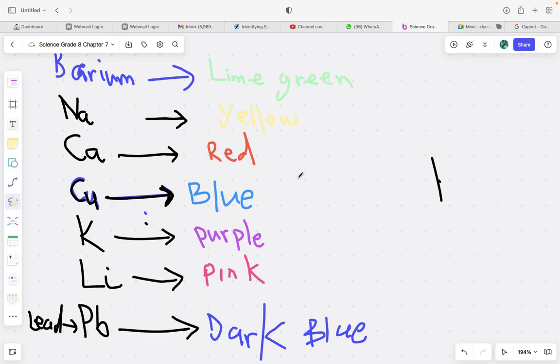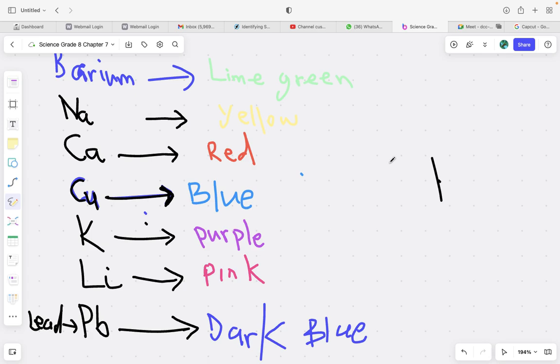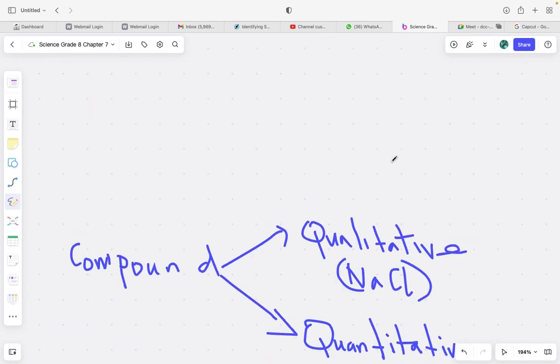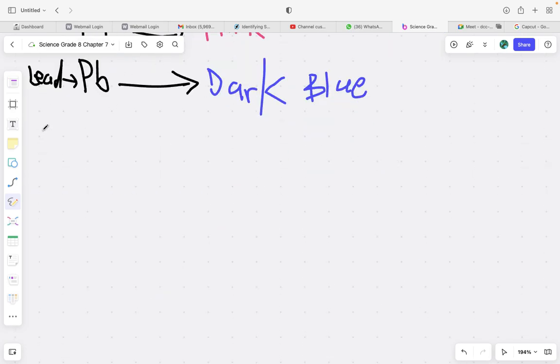Okay, which other element do we have? We have strontium. Can you check the symbol in your periodic table?